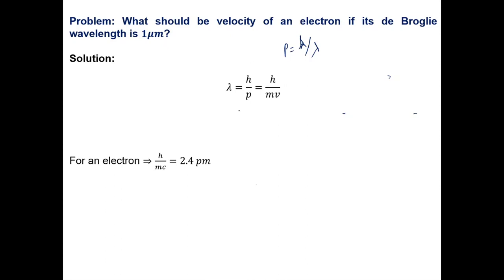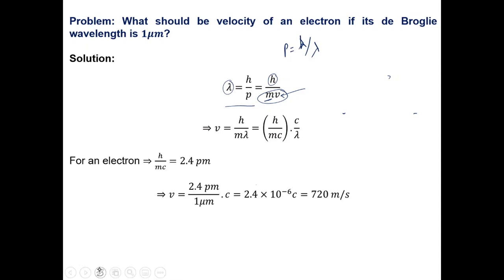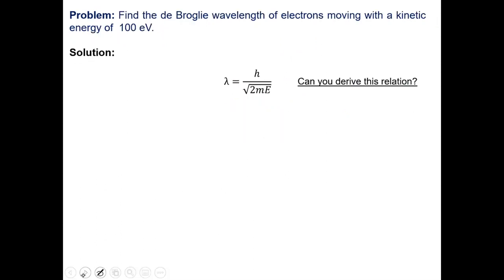You can rearrange, and lambda is h by p. Momentum is nothing but mv. So we have lambda given, we have h given, we know the mass, so all we have to do is find the velocity. Now if it is an electron, h by m times c is 2.4 picometers. So you can calculate that if it is an electron, the velocity is going to be 720 meters per second.